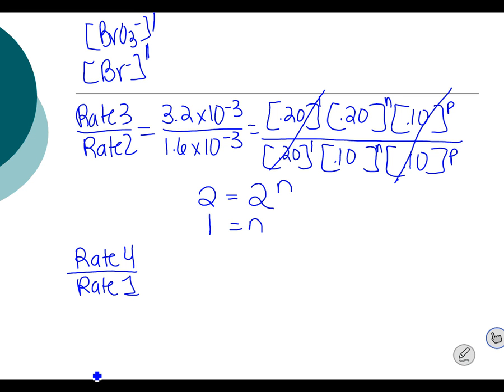Rate 4 is 3.2 times 10 to the negative third. Rate 1 is 8.0 times 10 to the negative fourth. And now let's go ahead and plug in our concentrations.